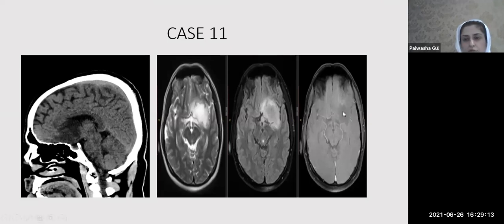And this is non-enhancing. So let me tell you, most of these gliomas would be non-enhancing. So one of my seniors, when I was doing my fellowship, asked me, Palwasha, if you're going to report a brain tumor, what are the things that you're going to report and what are the characteristics that you are going to think about? So the first thing I told him, I said, oh, I'm going to look at the contrast enhancement.